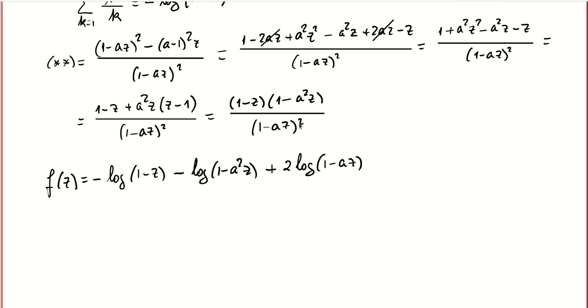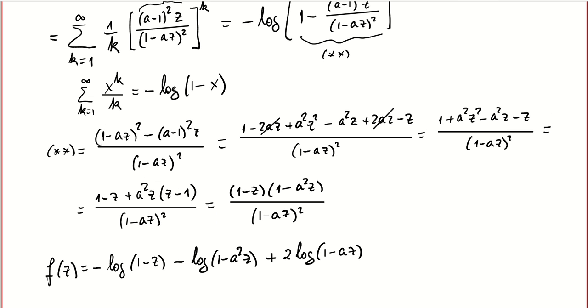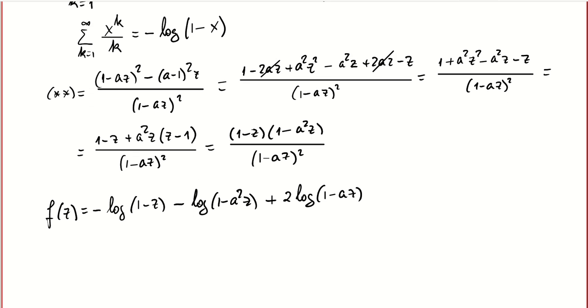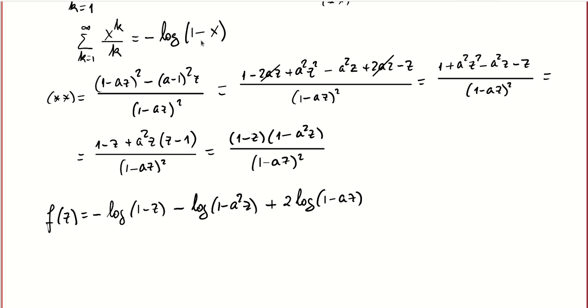Twice because there is a square here. It's a linear combination of logarithms, and each one of these logarithms can be expanded using the expansion that we have up here. In the first case, z is x, in the second case, a squared z is x, and here az is x. So we just substitute there.